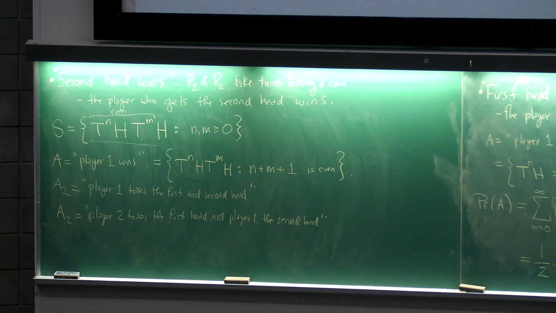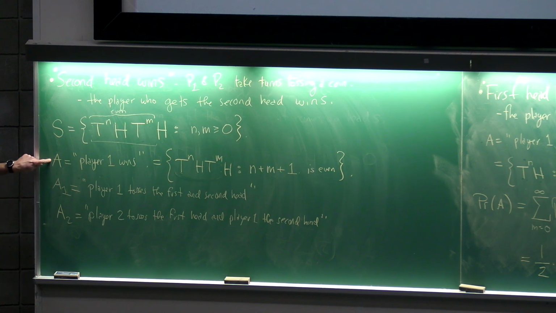So for example, player 1 tosses heads, player 2 tosses tails, and now it's player 1's turn to toss the second head. Or player 1 tosses tails, player 2 tosses heads, and now it's player 1's turn to toss the second head. If the sequence is heads, heads, player 1 doesn't win. Player 2 does.